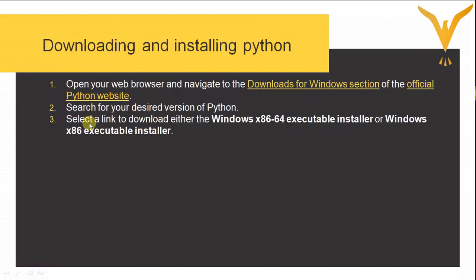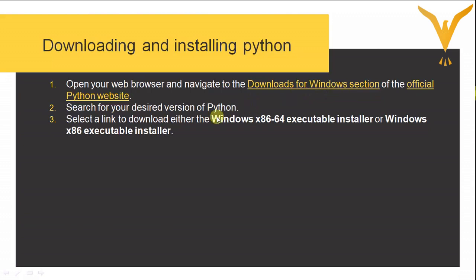Now let's see how to download and install Python. From the official website, which is www.python.org, you can download the Python software. Okay, so if you are using the Windows operating system, then you can just navigate to the downloads for Windows section.